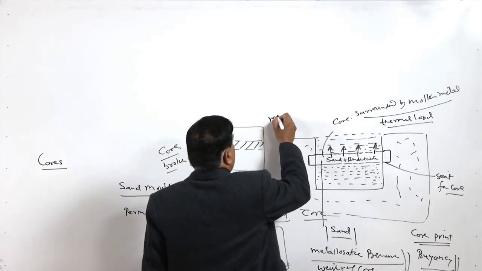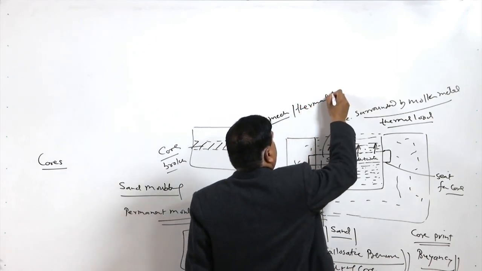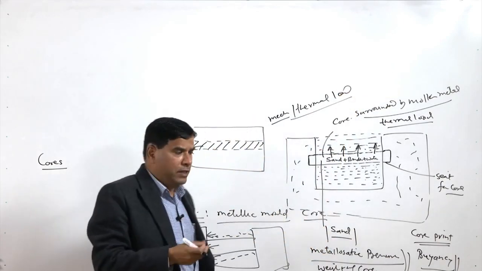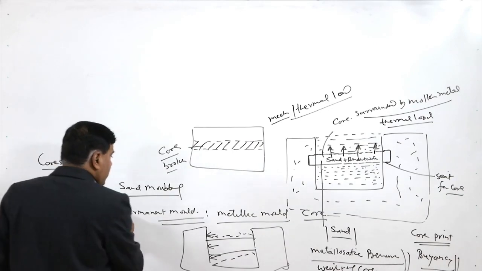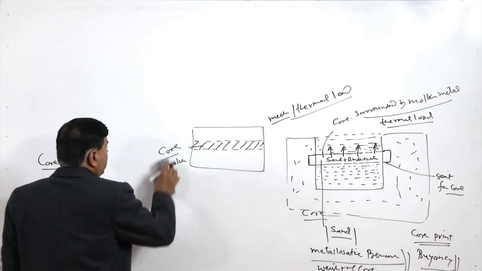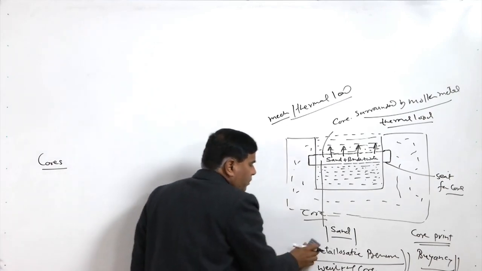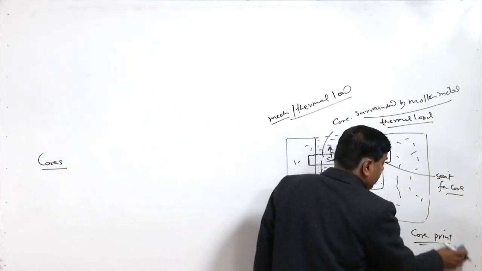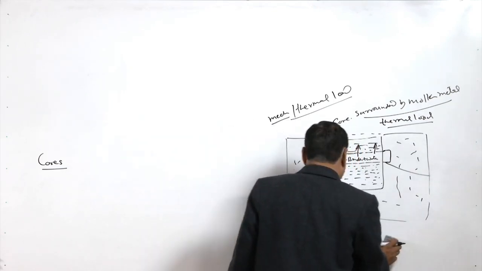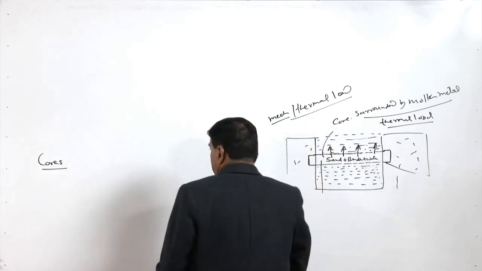So, both the mechanical and the thermal load experienced by the core is much higher than the mold walls, and therefore, it is required that the core is able to sustain these higher mechanical loadings as well as thermal loading, and for this purpose certain properties are expected in the core so that it can perform the function which is intended.